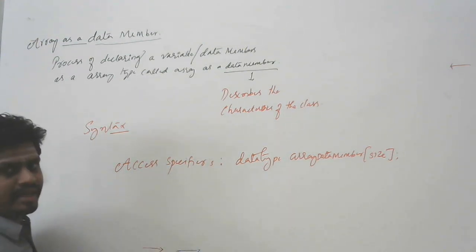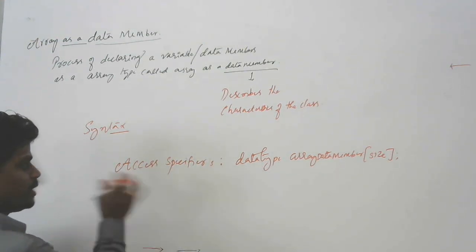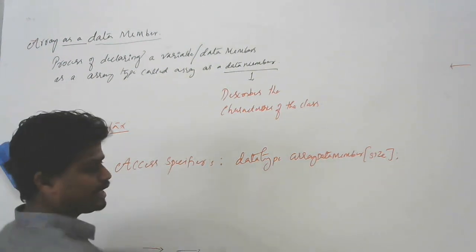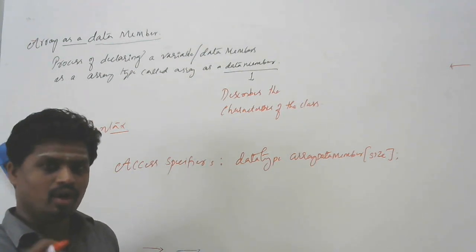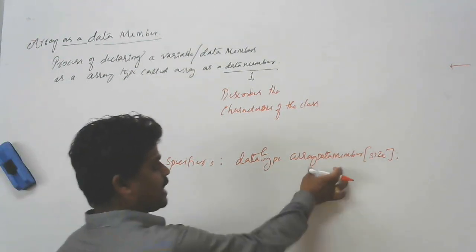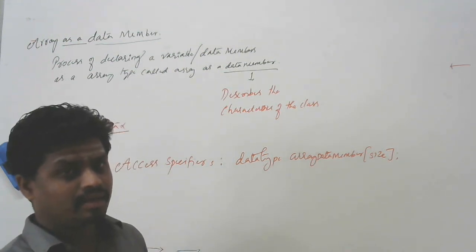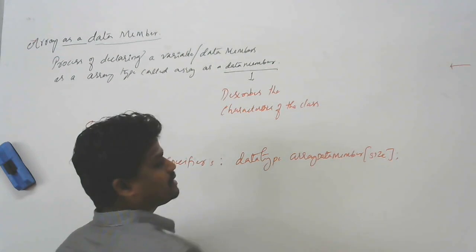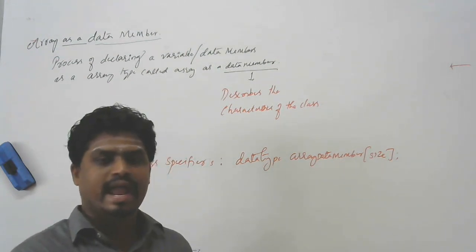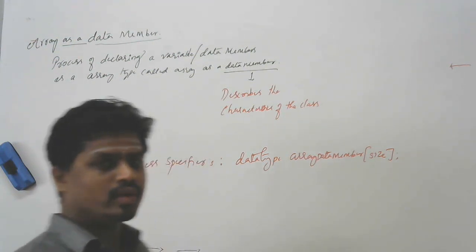X specifier means anything, either private or public or protected. Data type again, either integer, float, double or character. Array data member, any alphabet, but that should not be the same as a class name. Size, just now I have told, any number. Any number you can write.